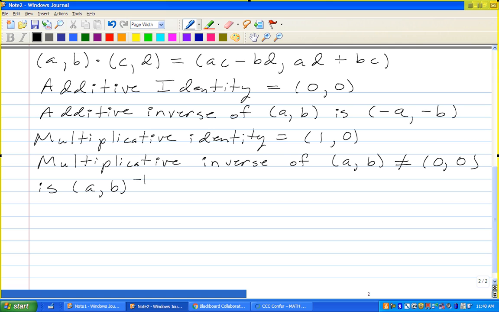It's just equal to the following ordered pair: (a over a squared plus b squared, negative b over a squared plus b squared).